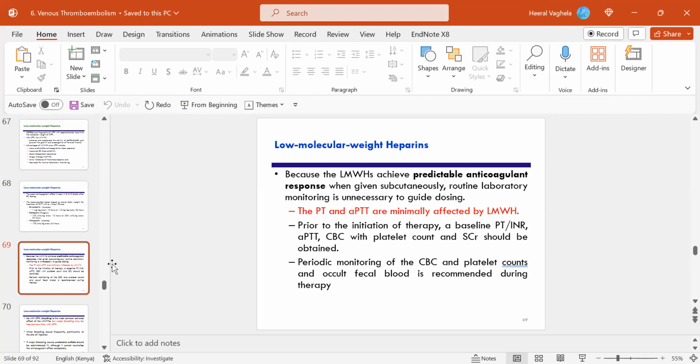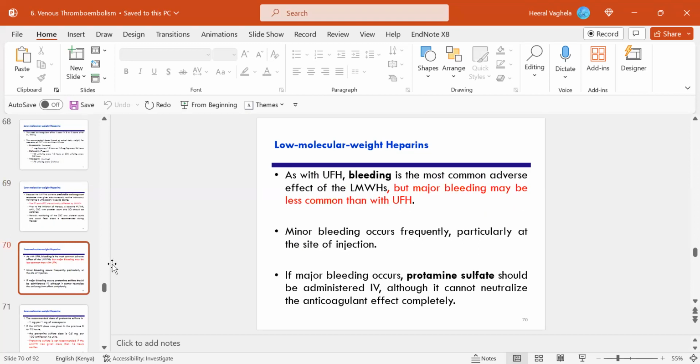For these drugs, the prothrombin time is usually not really affected. So that's a good thing, but you need to look at the PT and INR, the baseline, before you initiate therapy. Again, major bleeding can occur, so you give protamine sulfate.